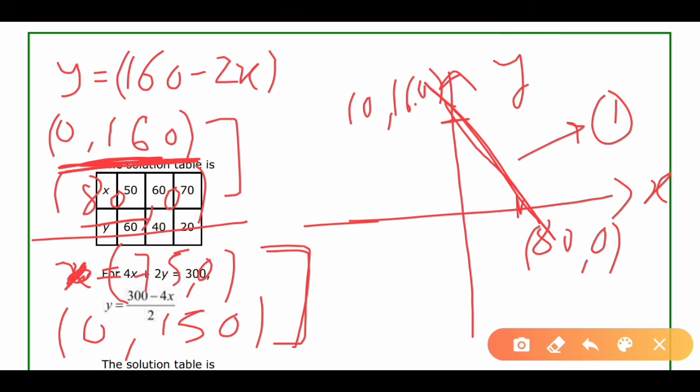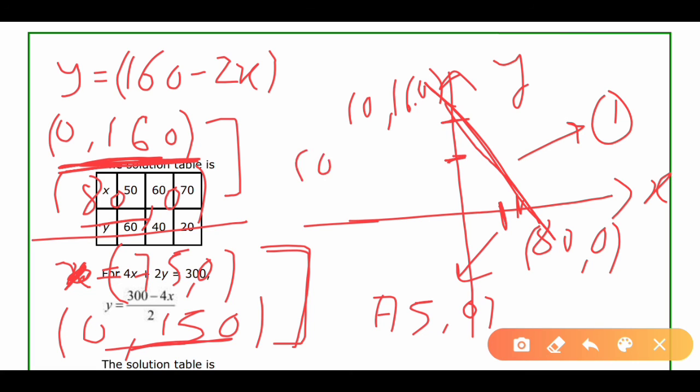Okay, now for the second equation, we have the coordinates 75, 0. That means somewhere here. This point is 75, 0, and the next one is 0, 150. So 0, 150 could be here.